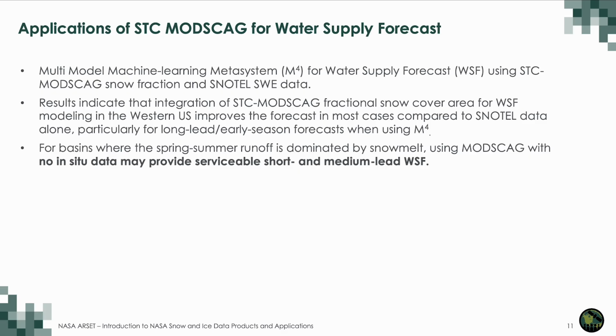For basins where the spring-summer runoff is dominated by snowmelt, using MODSCAG with no in-situ data may provide serviceable short and medium lead water supply forecasts. That's a very important point where there are not sufficient in-situ data.